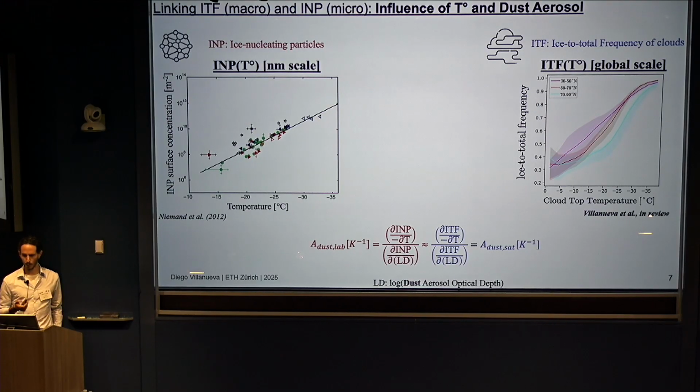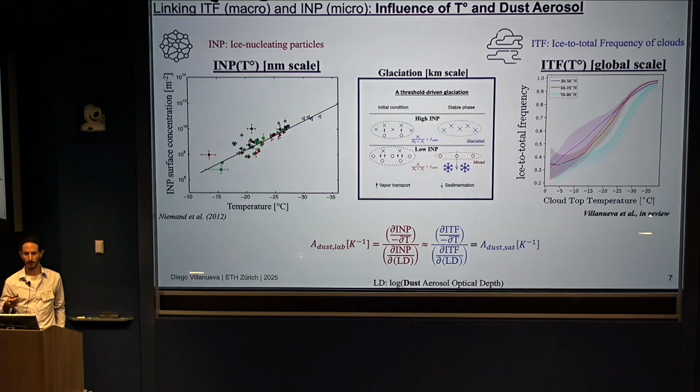And what we believe is behind this is that on the glaciation scale, the kilometer scale of clouds, when you have higher INPs, you get to a point where you have so many ice crystals, they basically build a stable ice cloud. While when you don't have enough INPs, the ice crystals that get produced basically just precipitate down, leaving a liquid cloud top.